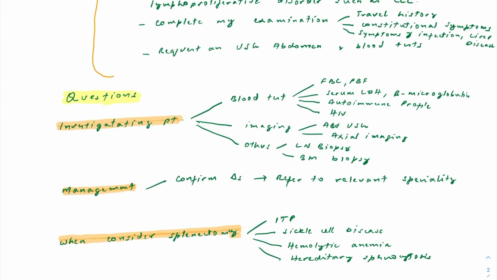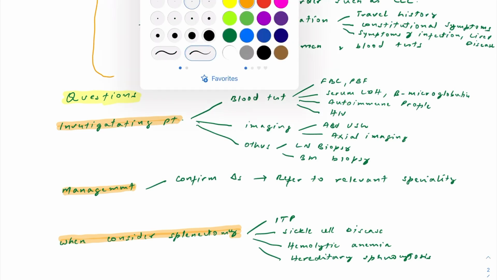In the autoimmune profile, you'd like to do the antinuclear antibodies, ENA, the rheumatoid factor, and also the HIV. So when you're talking about how we investigate the patient, please divide them into different groups, and then it will be quite easy for you.